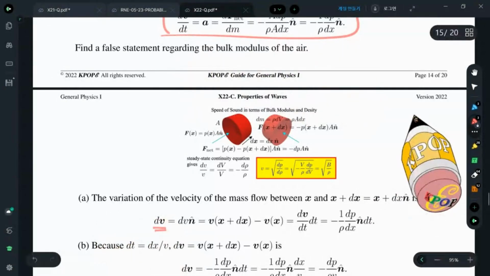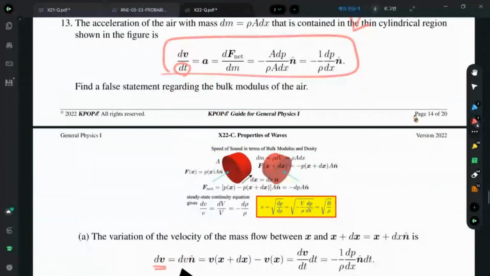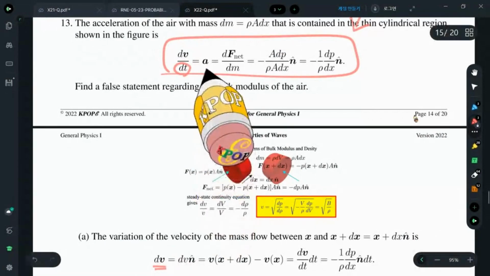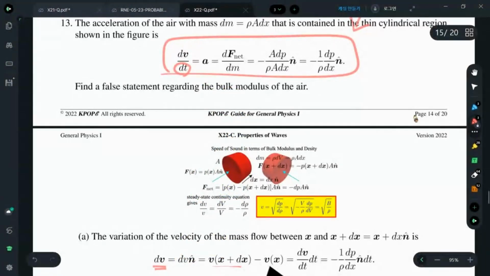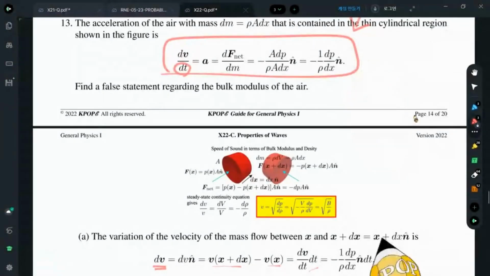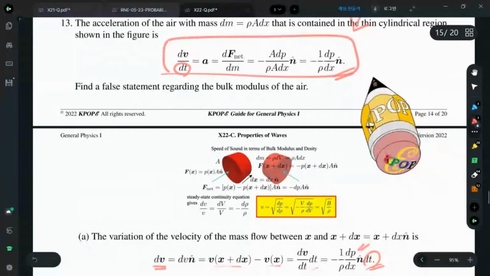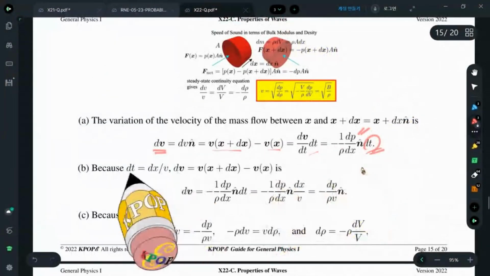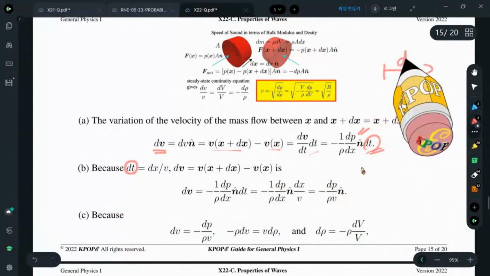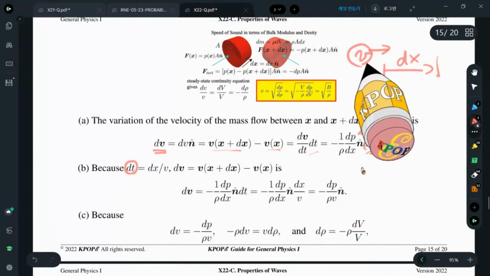For the velocity change here, I have multiplied by dt. So it becomes a times dt, and that is the velocity change. So this is identical to this, except that I have multiplied by dt. And this time scale is, we have thickness dx, and mass flow comes in with the velocity v.